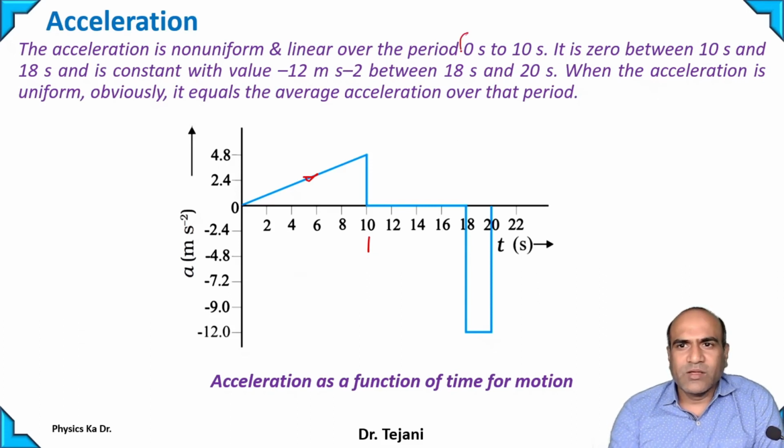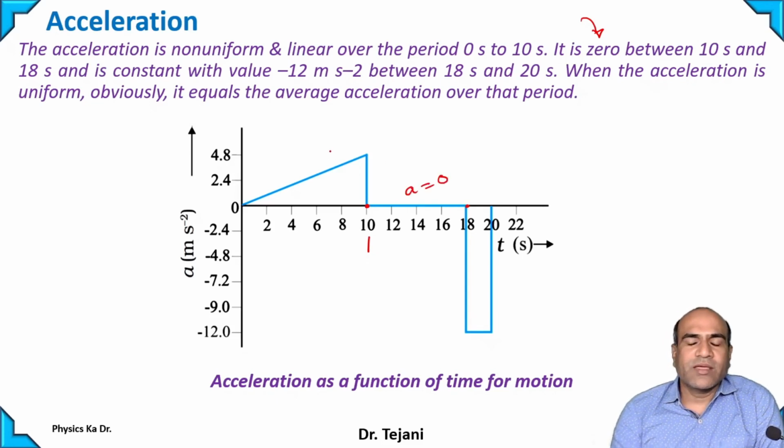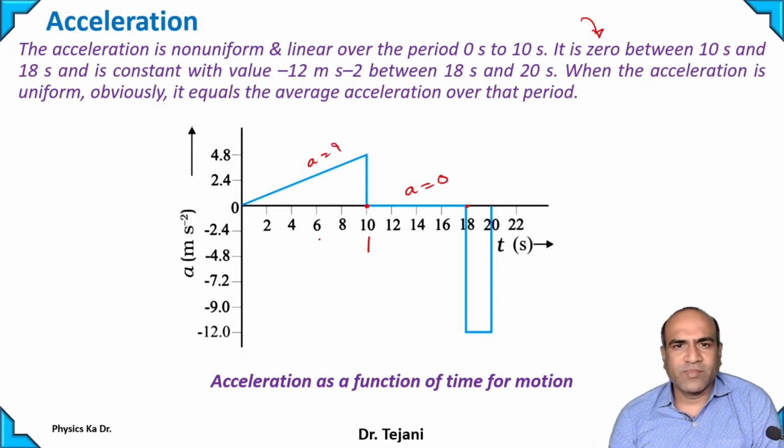So from 0 to 10 seconds, there is an increase of acceleration we can identify here. Then acceleration becomes 0, from 10 to 18 seconds. Here acceleration is 0, and here acceleration has some value; we don't know yet, we will learn this part.